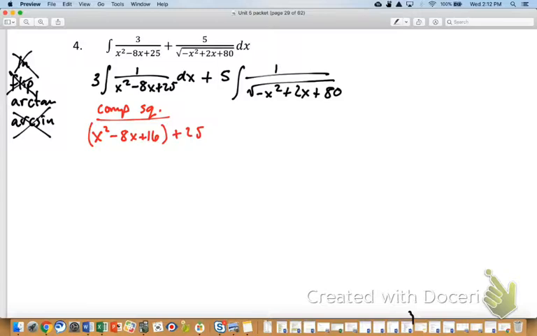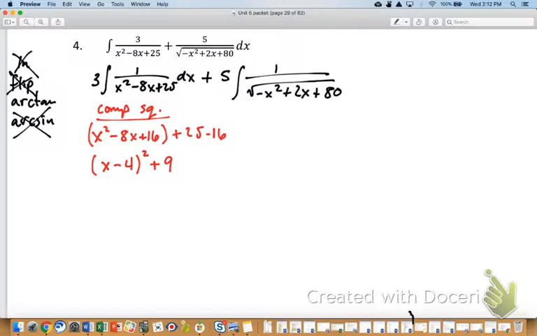You have to balance that out by subtracting 16. Always one off. This is now factorable. So it would be x minus 4 squared plus 25 minus 16, which is 9.